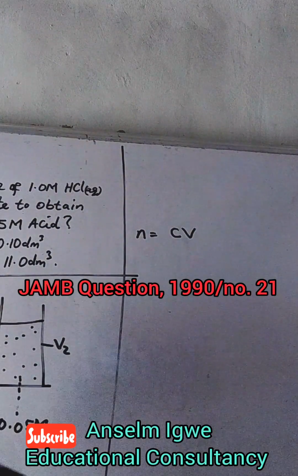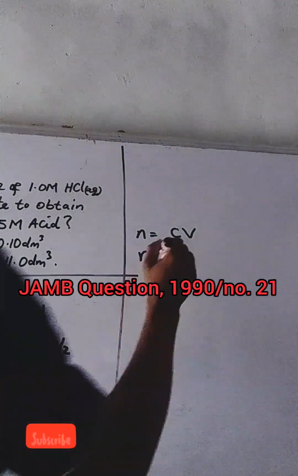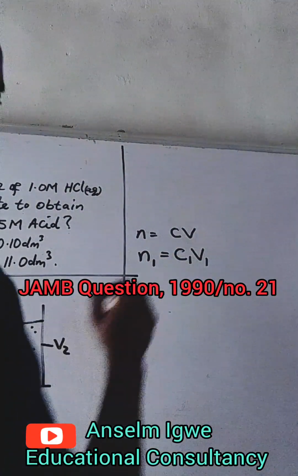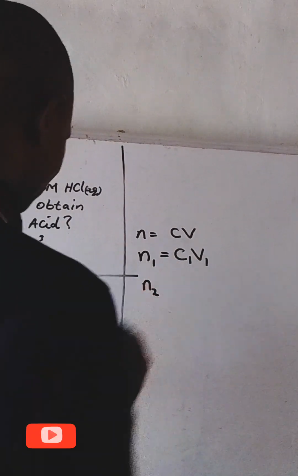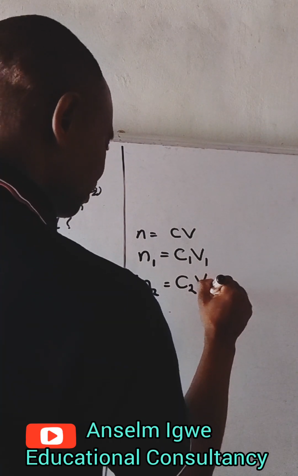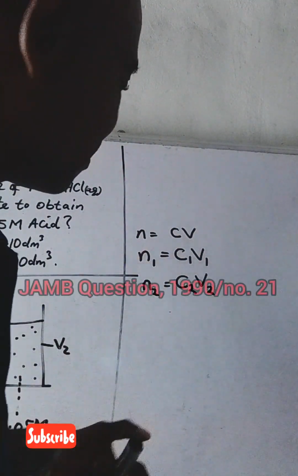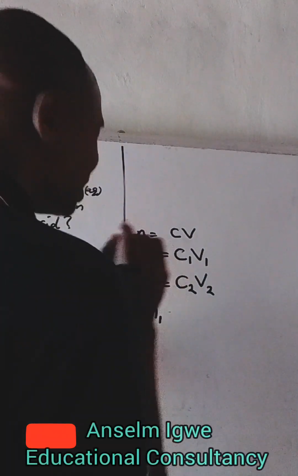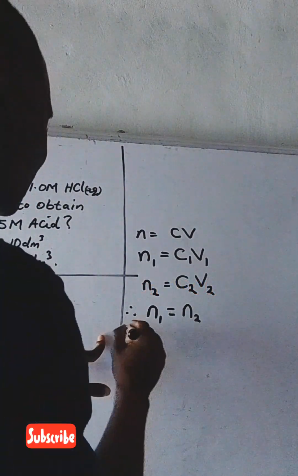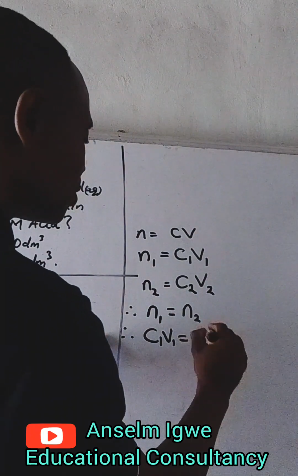Therefore, the number of moles in the first diagram is equal to the first concentration times the first volume, while the number of moles in the second diagram is the second concentration times the second volume. Concentration and volume keep changing, but the number of moles remains the same. The number of moles in the first instance is the same as the number of moles in the second instance. Therefore, C1V1 will also be equal to C2V2.